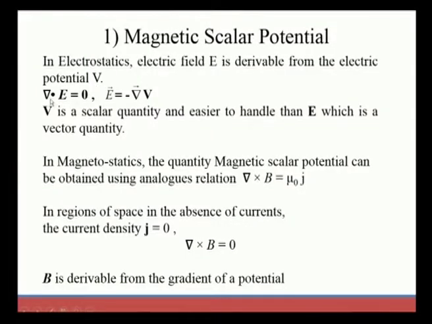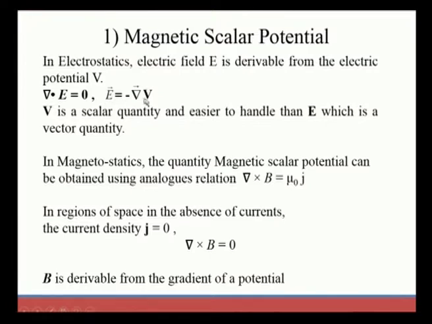So E, which represents the electric field in electrostatics, is now represented through the electric potential V. So this equation, del cross E is equal to 0, is represented as E is equal to minus del V.